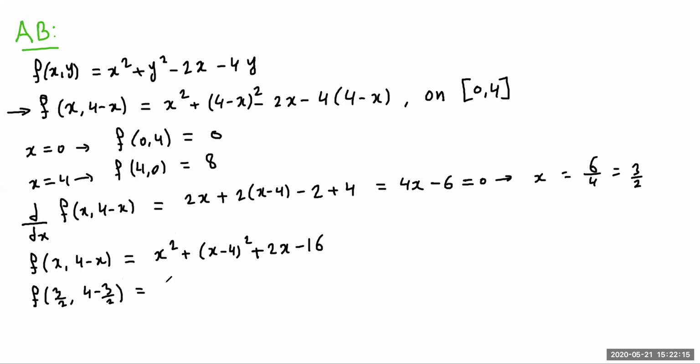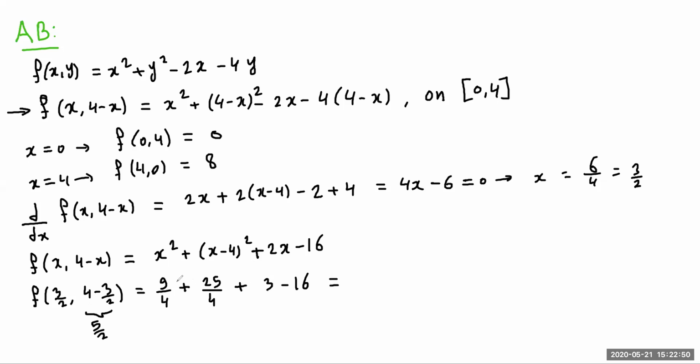Okay. Let's calculate this. So (3/2)², 9 over 4, plus (3/2 minus 4)². What is 4 minus 3 over 2? It's 8 minus 3 over 2, so it's 5 over 2. (5/2)², 25 over 4. Plus 2 times 3 over 2, it's 3, minus 16.